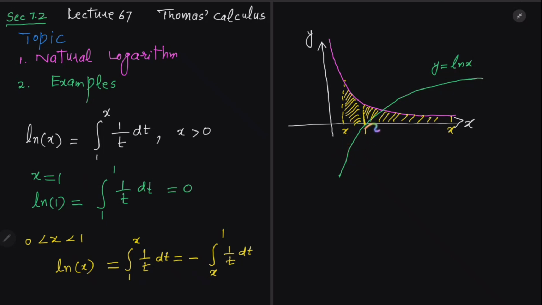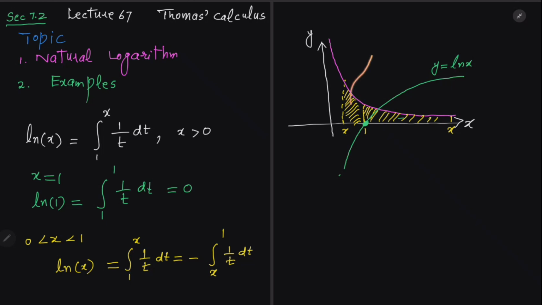If we remove this curve, and we say that when x was 1 the answer is 0 and the area is positive, the natural log of x looks like this. When the area is negative, the natural log should move downward so that you get the negative area.